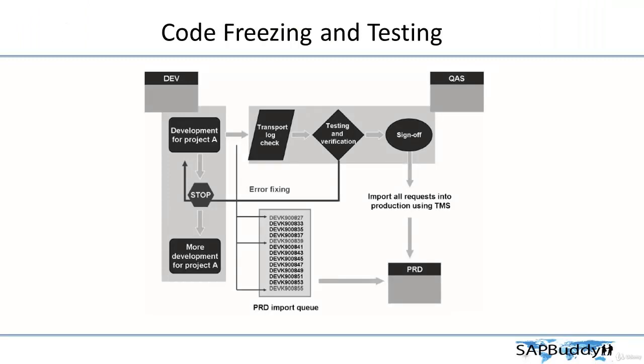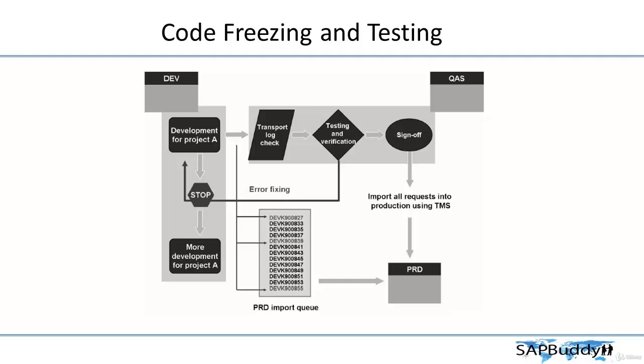Then you will do the testing. Let's say if you have some errors, then you go back to the development system and say, okay, now you fix that one, and you release it back, then you freeze it again. So during the testing time you do not do any modification in the development system, so that the consistency of the tests happening in the quality system is accurate.